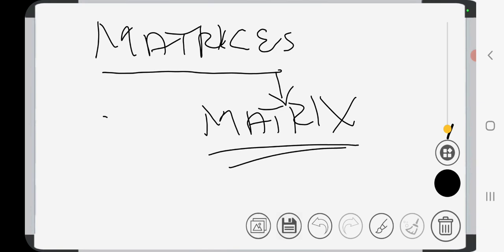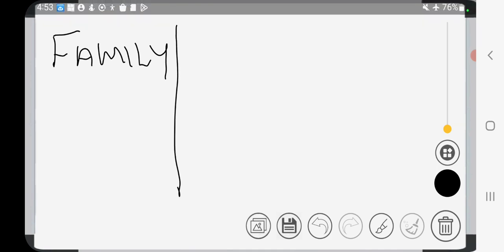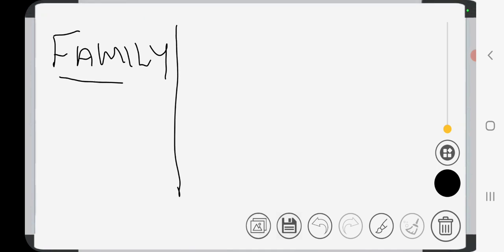Now, for us to have a real life understanding of what matrix may stand for, I want to make use of the family table. Let's say we have this family table, and then the foodstuff that the family is having.